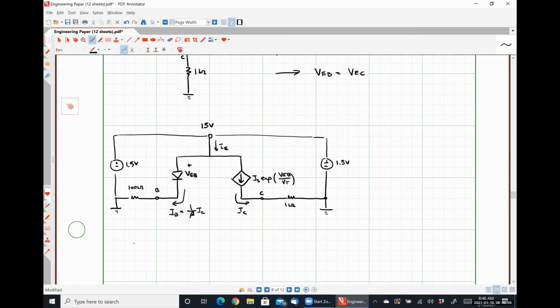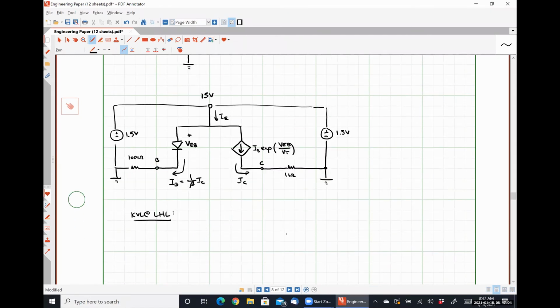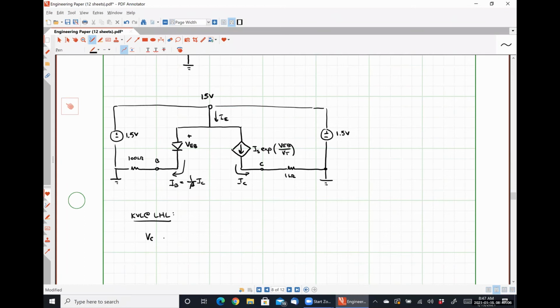KVL around the left-hand loop, I get VCC, 1.5 volts, is equal to VEB plus IB times RB, or I'll be explicit here.